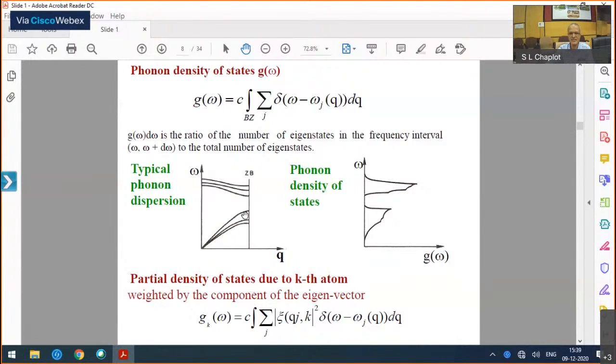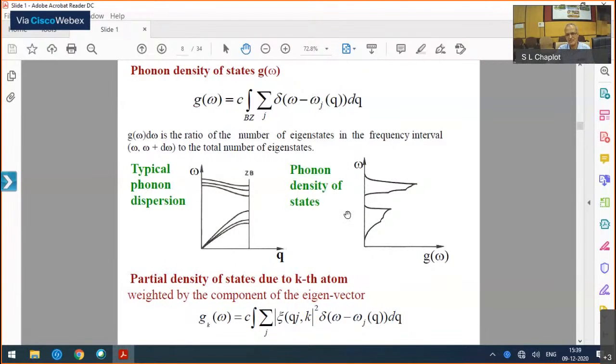For example, here in so much of the Brillouin zone you get the same frequency, so you end up getting a peak. And here the wave vectors are far apart and the frequencies are varying.